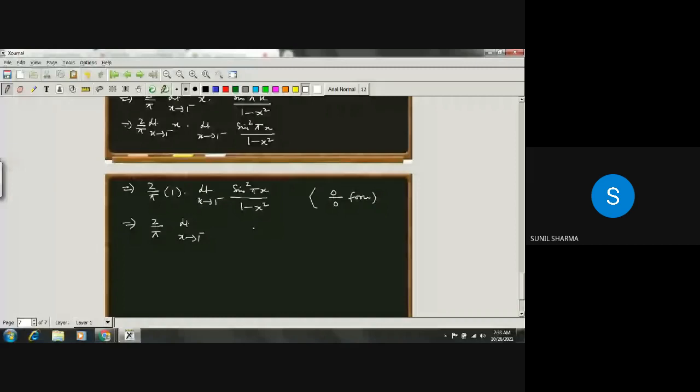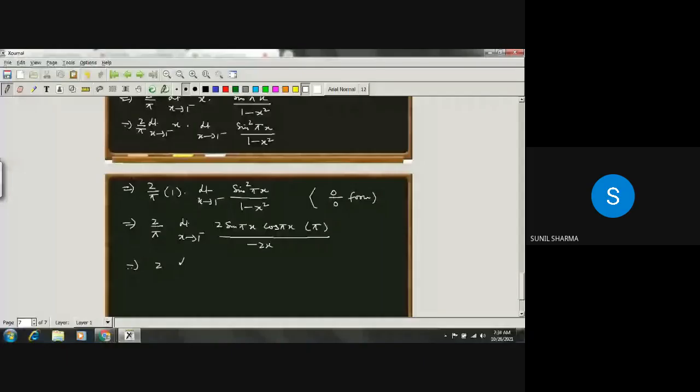So tell me what is the next step? How can we differentiate sin square pi x? 2 sin pi x into cos pi x into pi divided by minus 2x. So pi and pi, total we get 4.